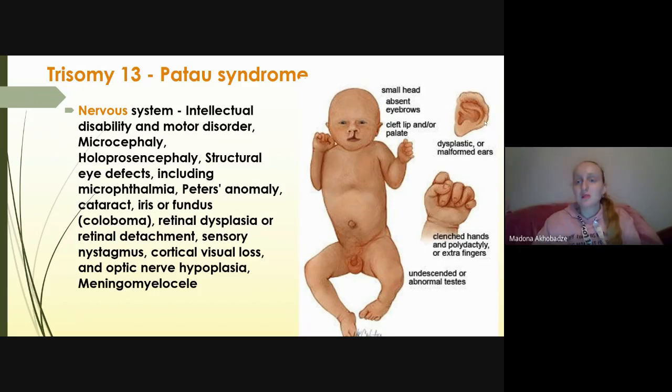They have dysmorphic and malformed ears, and also they have clenched hands and an extra finger. And here, polydactyly, it is called. The poly means many, digits are the dactyls, and polydactyly means the extra finger. And undescended or abnormal testes are really common.